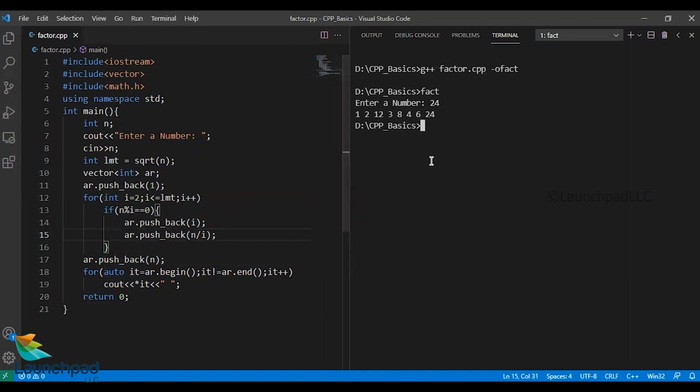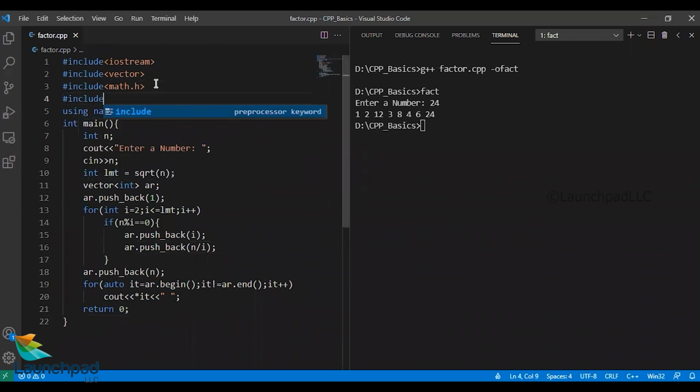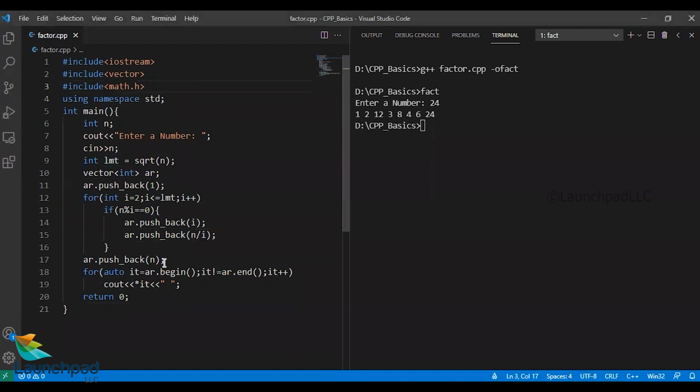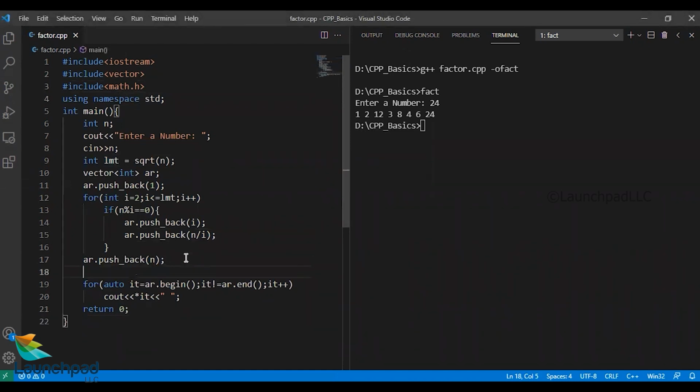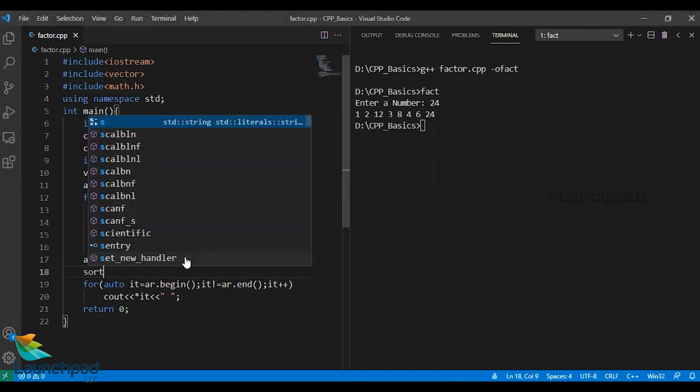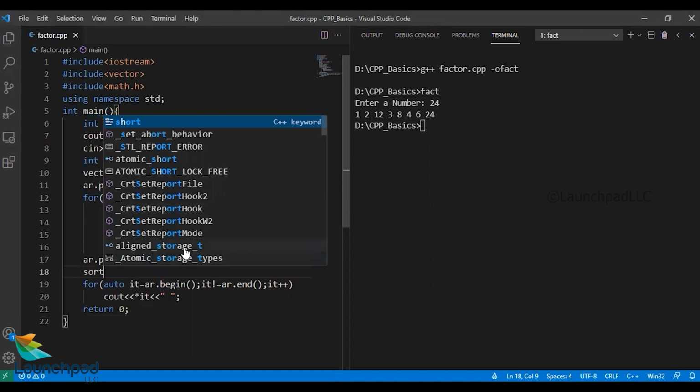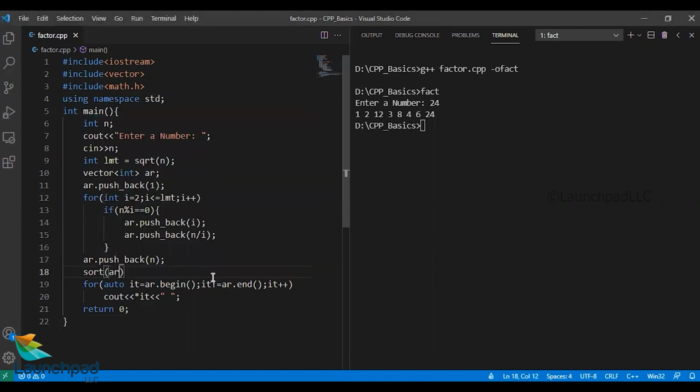So what I should do in order to fix things is sort it. Let us see how this can be sorted using our libraries. Let us call the sort function here, after pushing the value: sort of ar dot begin, comma ar dot end.